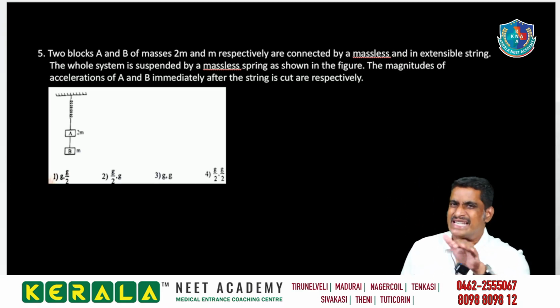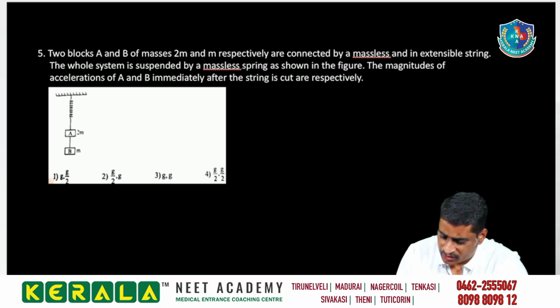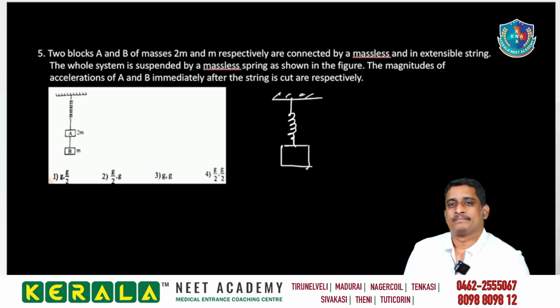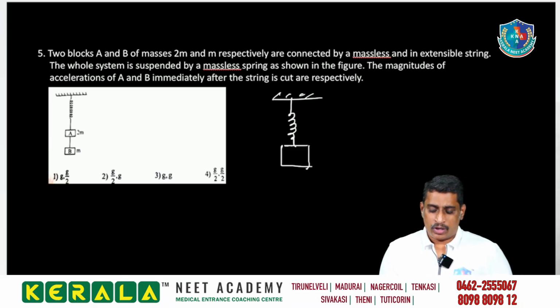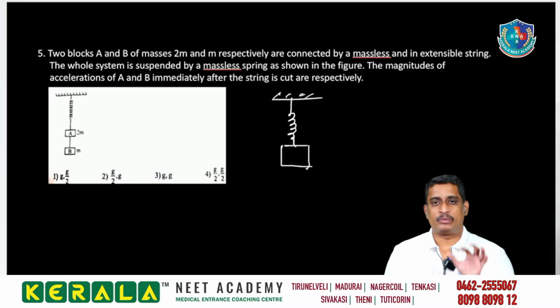Before that string is cut, let us calculate how much spring force is existing in the spring. Look at this diagram, all of you. If you take these two blocks together as the system, the tensional forces between the blocks will become internal forces.